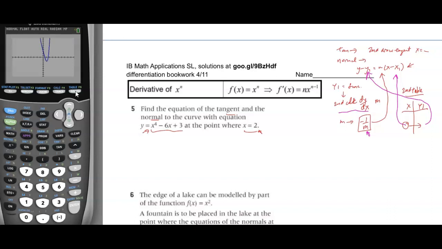Okay, and now what we're going to do is find the tangent line. How do we do that? We do second draw tangent, which is number 5, and then we type in the location, which they told us is x equals 2. And there it is, and it shows us at the bottom.